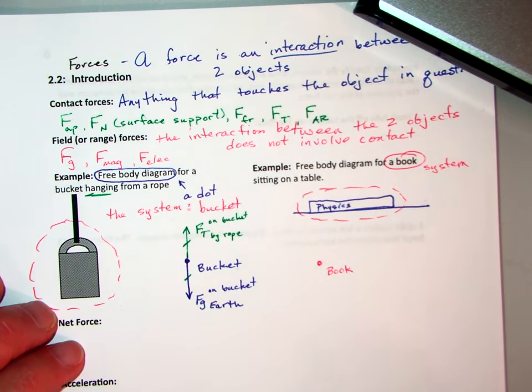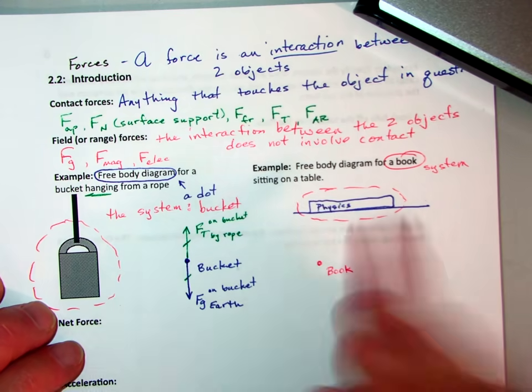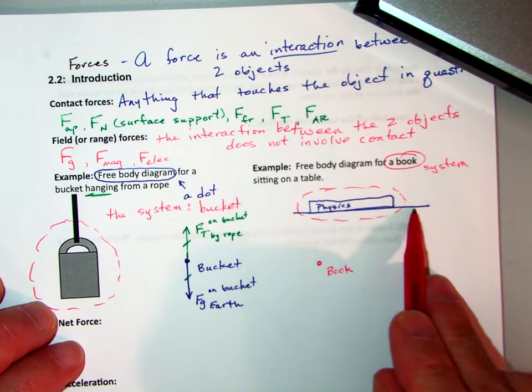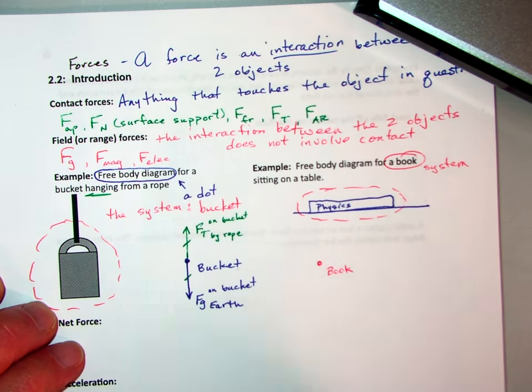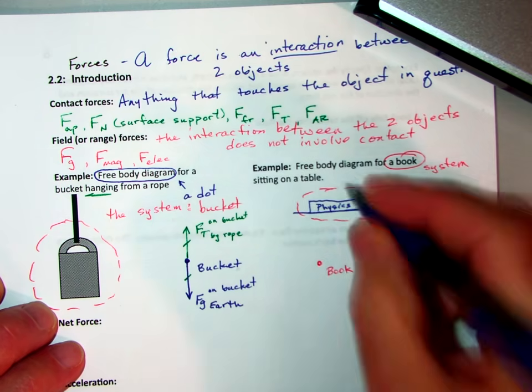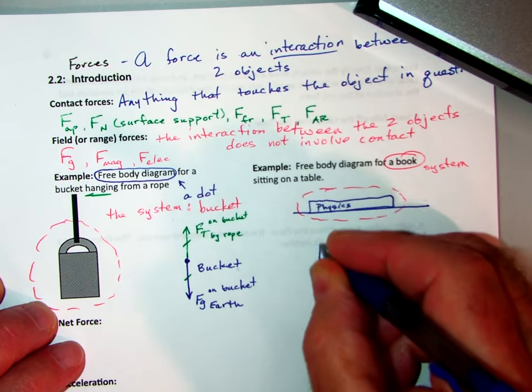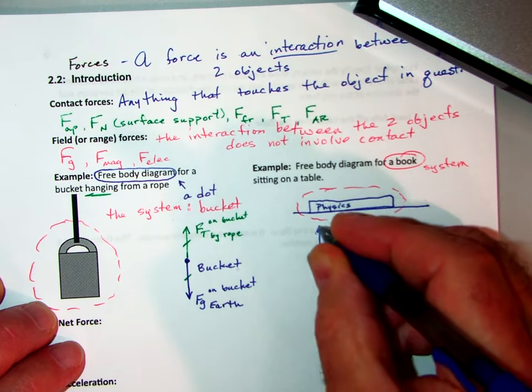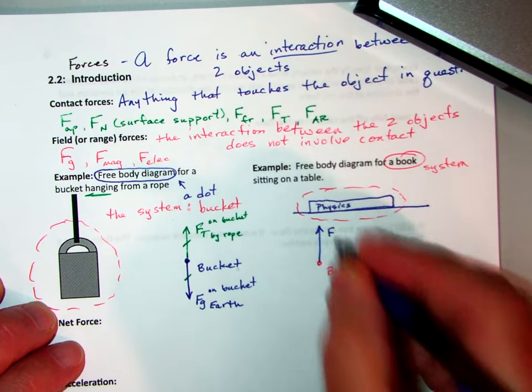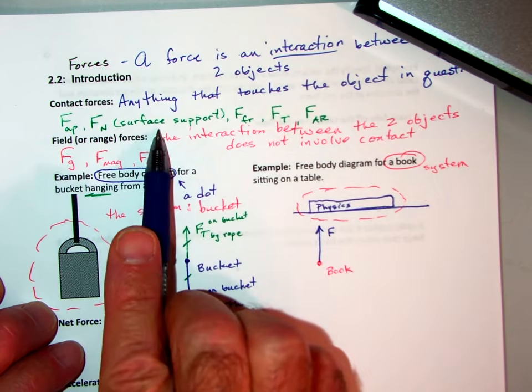The only thing that breaks our circle is the surface of the table. Right? So there is an upward force on the book. That, again, is our surface support force.